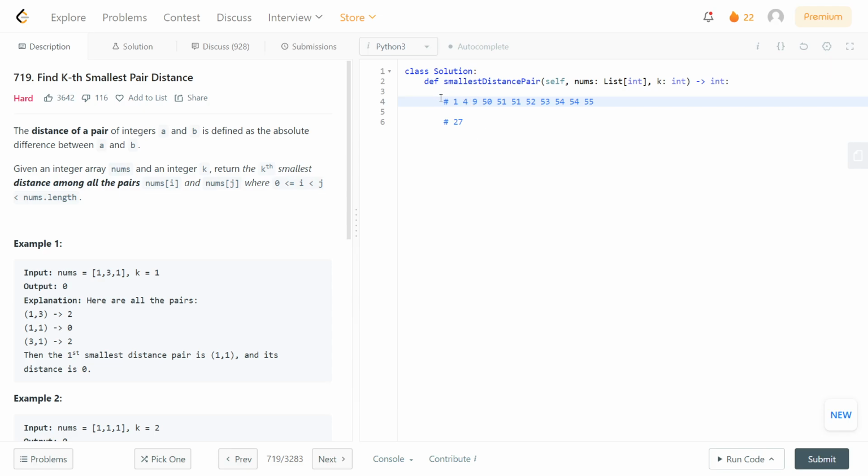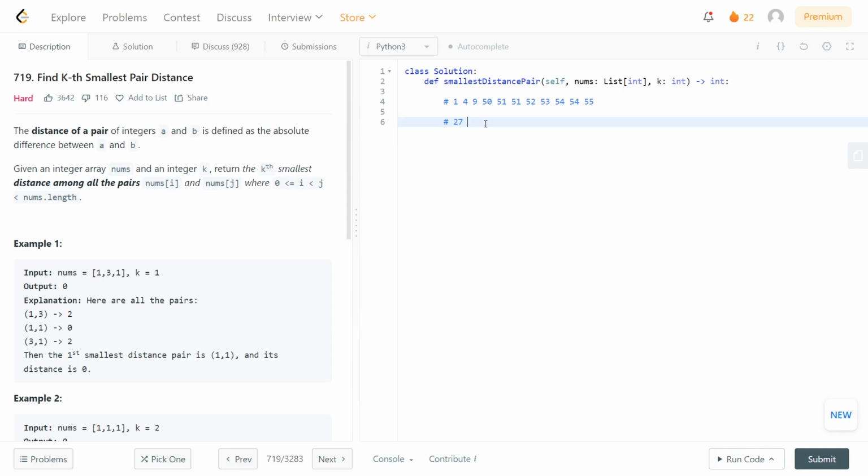So that's the idea. If the difference is less than our current limit, we just increase the right pointer and add to the count how many elements have a distance smaller than 27 in this case.